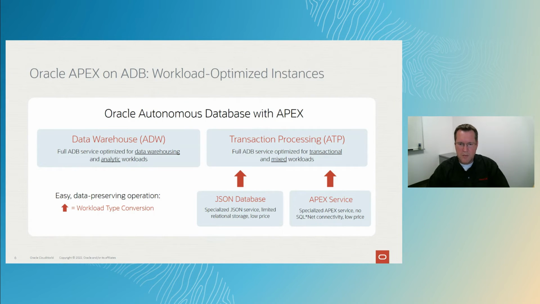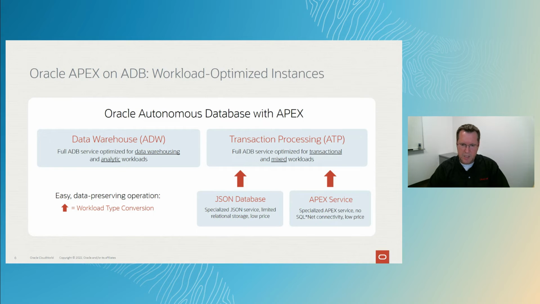On the right, we have something called Autonomous Transaction Processing. This is optimized for those transactional or just mixed workloads. So if you have applications that are more transactional in nature, this is what you'd be licensing, this is what you'd be provisioning, this is what you'd be standing up in the cloud as an instance of ATP. And then more recently, we have released some more specialized versions of ATP focused on very particular use cases.